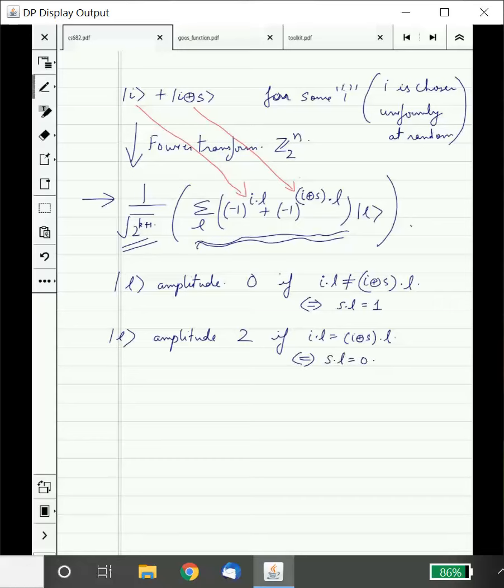In other words, if I measure the first register, then what should I get? I will get L such that S dot L is equal to 0. Here, L is picked uniformly from all such possible L's.